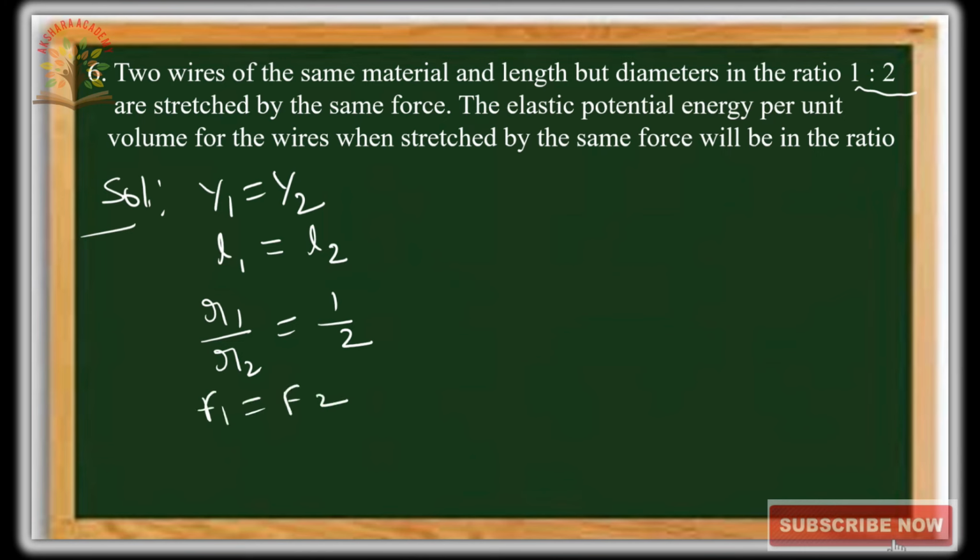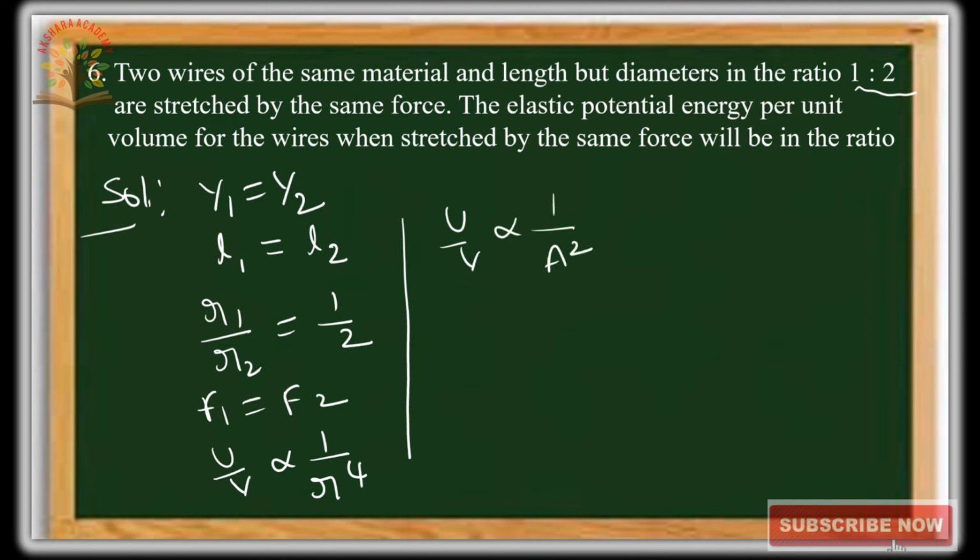Here elastic potential energy per unit volume, that is U by V, is inversely proportional to R to the power of 4, that is U by V is proportional to 1 by A square, A nothing but pi R square.